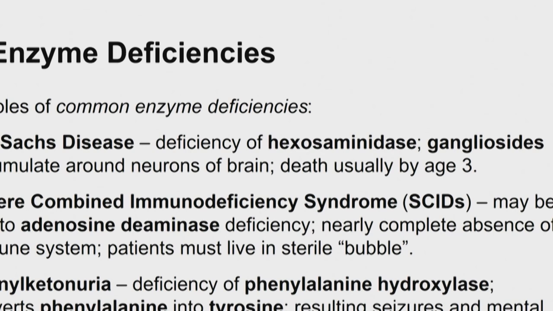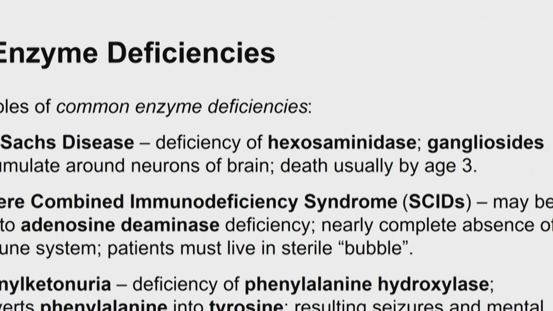For example, Tay-Sachs disease is an enzyme deficiency, and it causes an accumulation of gangliosides in the brain, and eventually, if you can't get rid of the gangliosides, it ends up being toxic to the brain, and it usually causes death by around age 3.